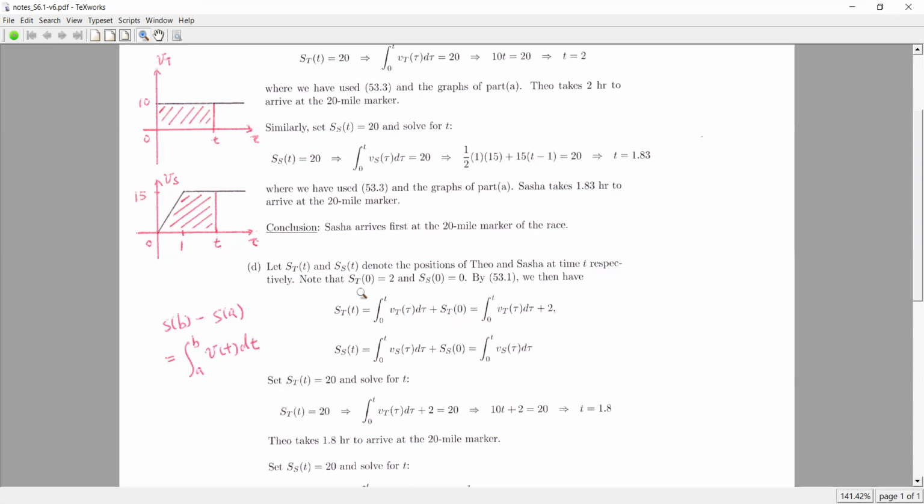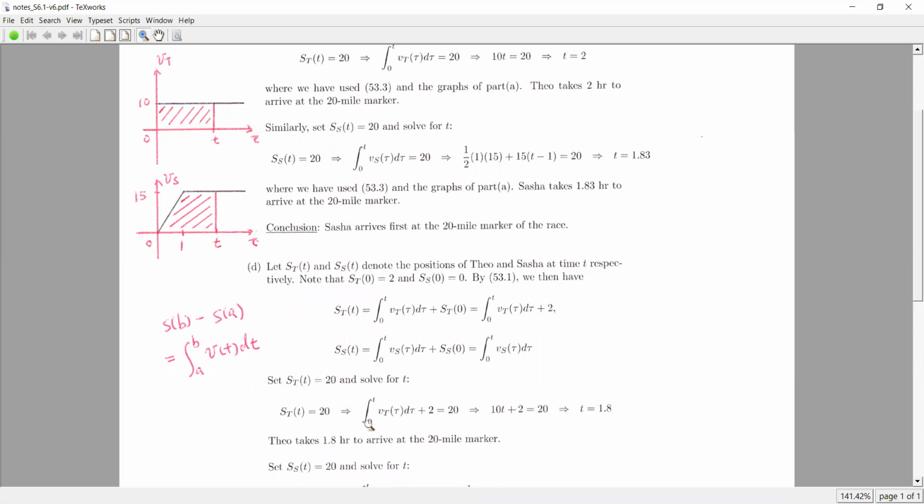In part D, when time is 0, Phil's position is 2 miles from the origin, and Sasha's position is 0. So this number is 2, and this number is 0. Now I set Phil's position to 20. Then I have this equation.